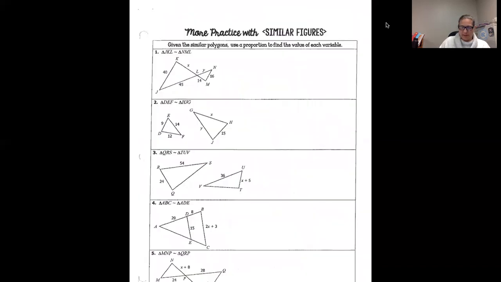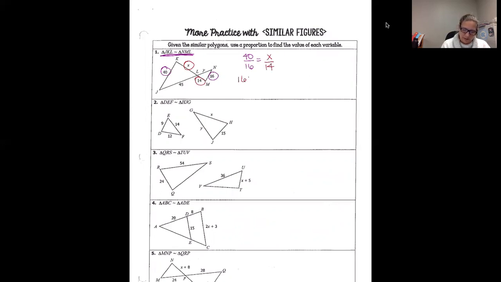Taking a look at your next page, more practice with similar figures. You're solving for 2 different variables here. So you have to use your similarity statement to determine how to set that up. So I'm going to do big to small. So JK and NM, 40 over 16, is equal to KL and ML, X over 14.